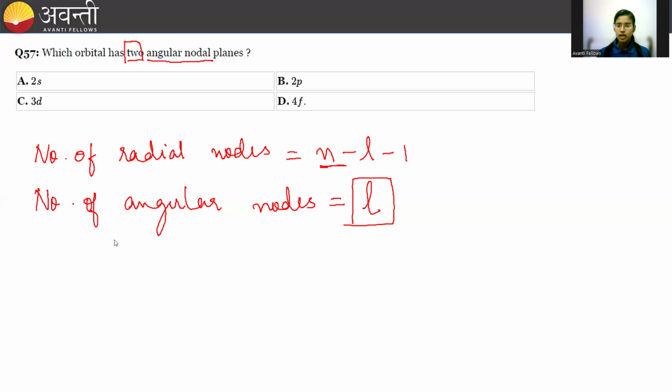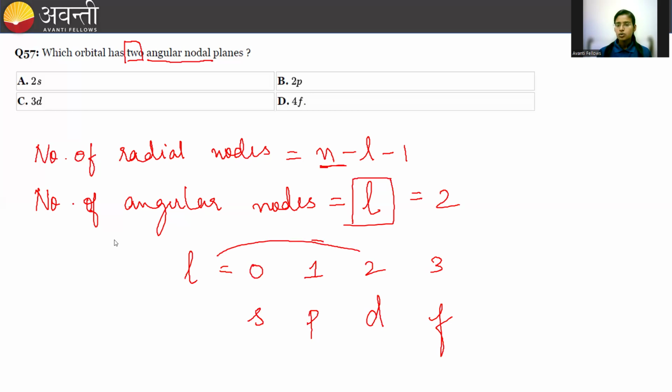Okay, the azimuthal quantum number L will be equal to 0 for S orbital and it will be equal to 1 for P orbital. It is equal to 2 for D orbital and it is equal to 3 for F orbital. Now you can see 2 angular nodes means L value is coming out to be 2. So for which orbital L value is equal to 2? For D orbital.